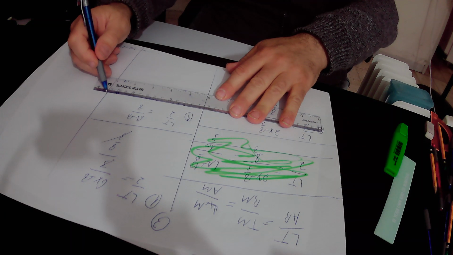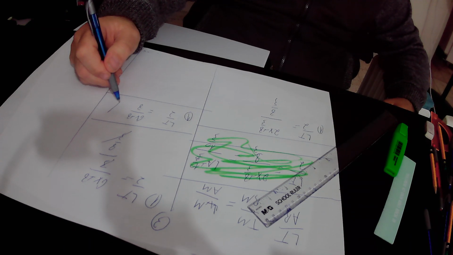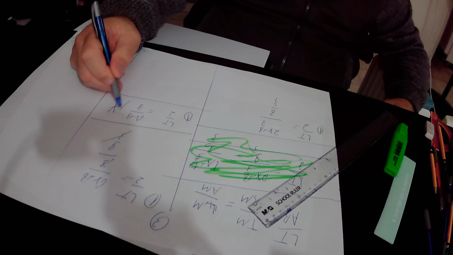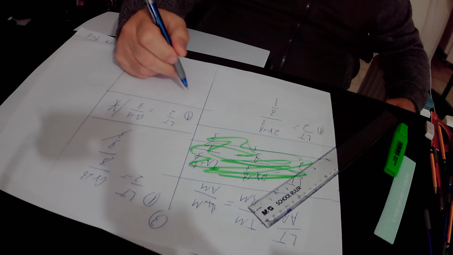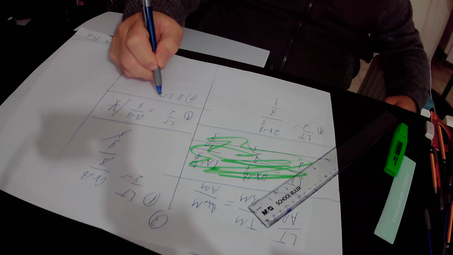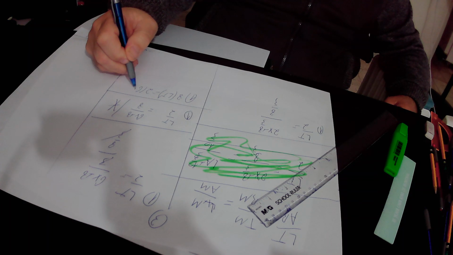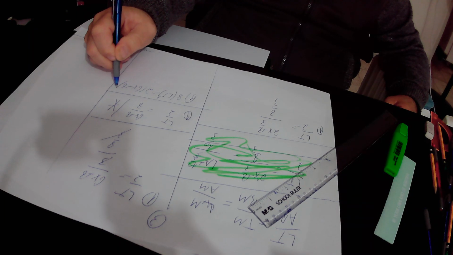So we multiply equation 1, and we get that according to equation 1, 8 times LT equals 2 times 6x plus 8.